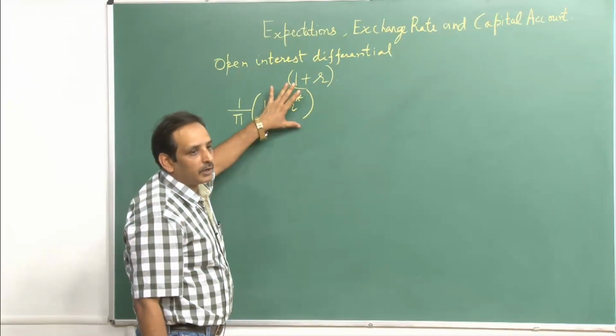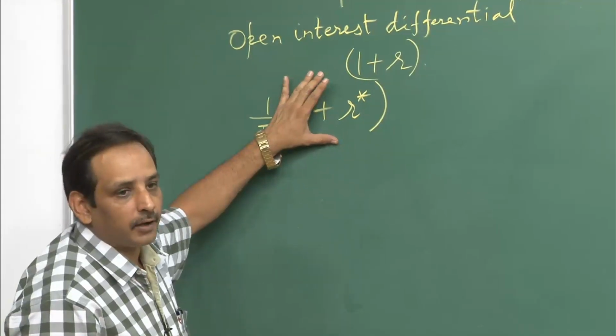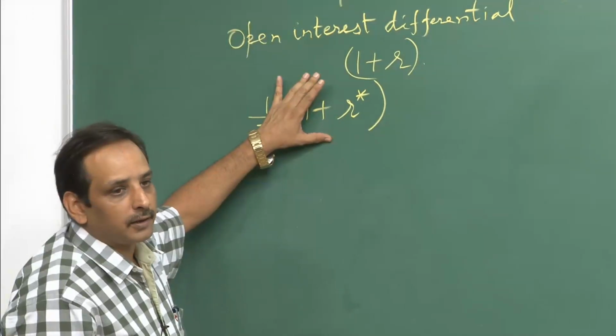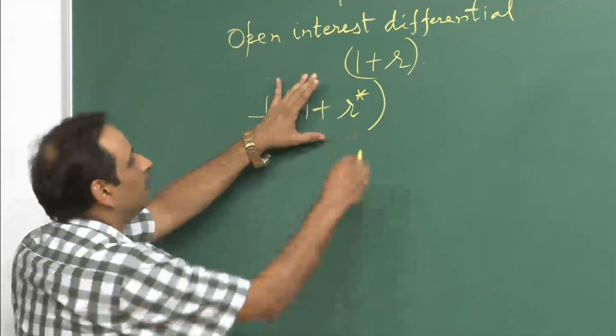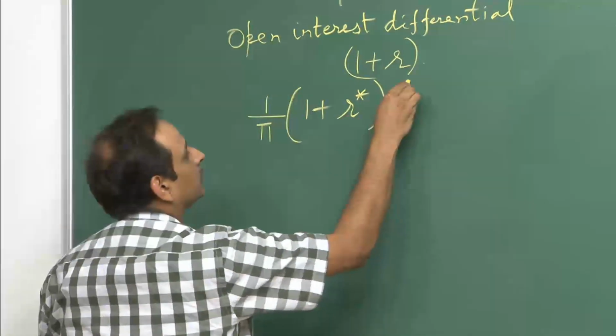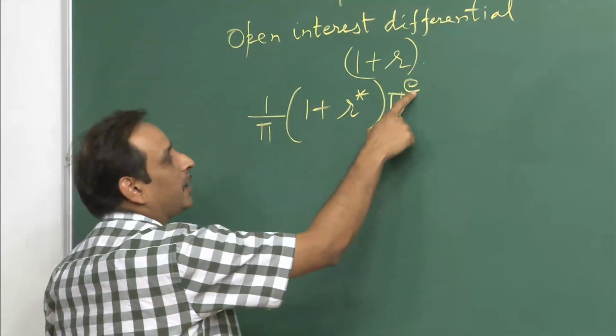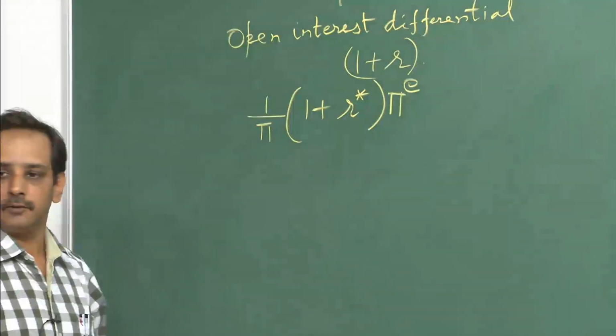Now, if we want to bring this money back to India, we need to convert it back into Indian rupee. We do that by using an exchange rate. This is called the expected exchange rate after a year.